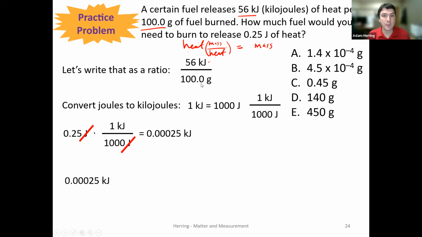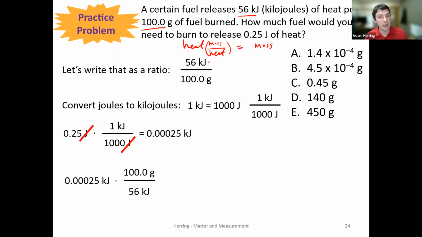Now, if we multiply by this ratio, 56 kilojoules per 100 grams, as is, our final answer would be some number in kilojoules squared per gram. And that's not what we want. So we need to multiply by the inverse of that ratio. Be very careful as you're solving these problems, so that you use the ratio in the proper direction.